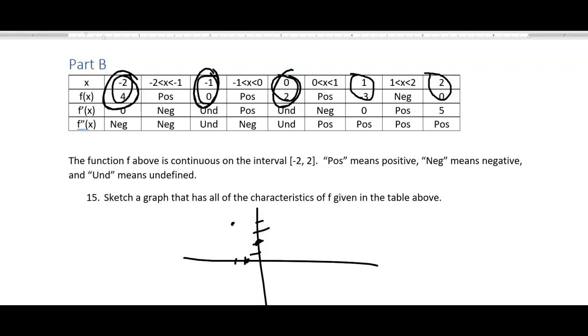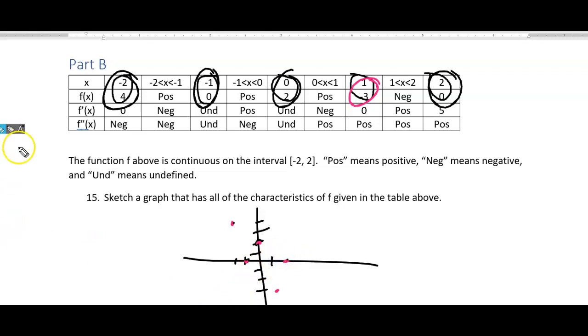Use a different color here. I can't see so well. And then we have 1, -3. And then we have 2, 0. All right, there's our points.